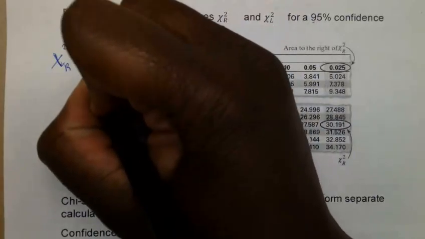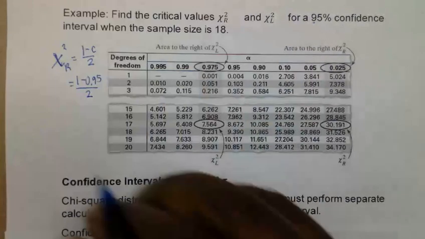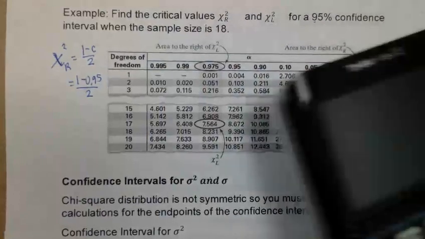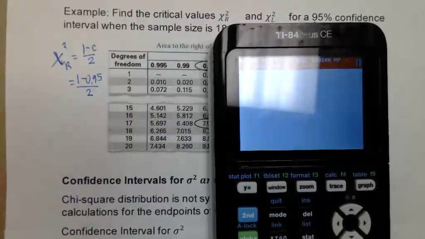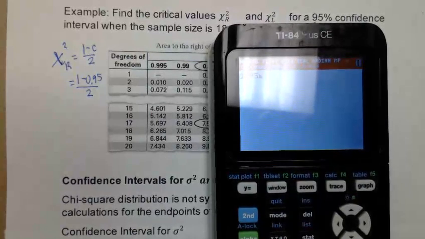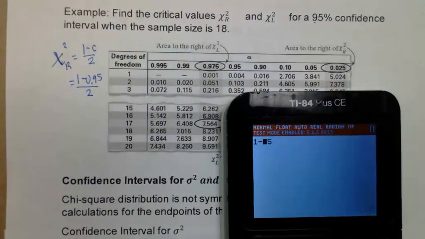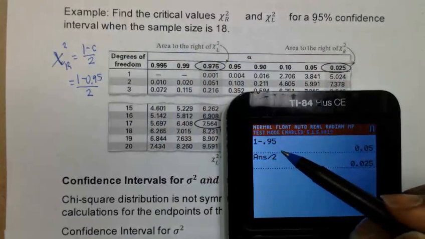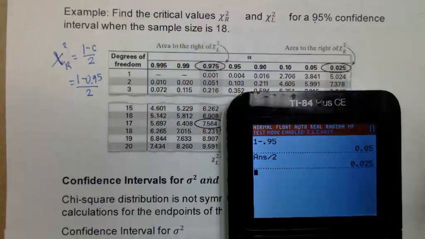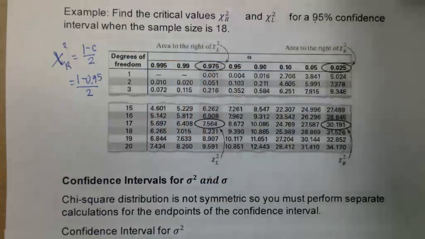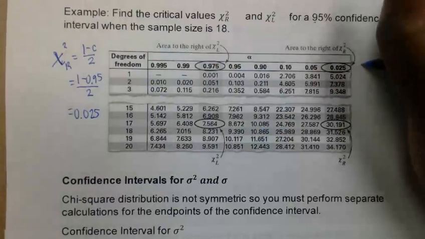All right, so for the right, we have 1 minus c divided by 2. So this is going to be 1 minus 0.95 divided by 2. I don't have the picture here, but we're going to do it together. 1 minus 0.95, then divide by 2. You want to make sure it's separate, or you put it all in one. So it's 0.025 for the right.